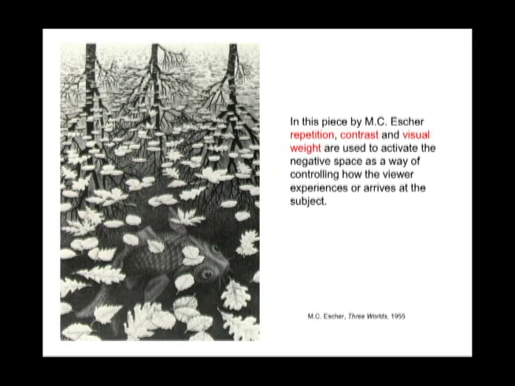This piece by M.C. Escher is another great example of interacting or integrated positive and negative space. So, for example, when we look at this, one very possible way to move through this picture is to see the bright leaves that are lying on the surface of the water because of the contrast that Escher uses. Then as you look more closely at the print, it's very easy to see the carp here lurking beneath the surface.